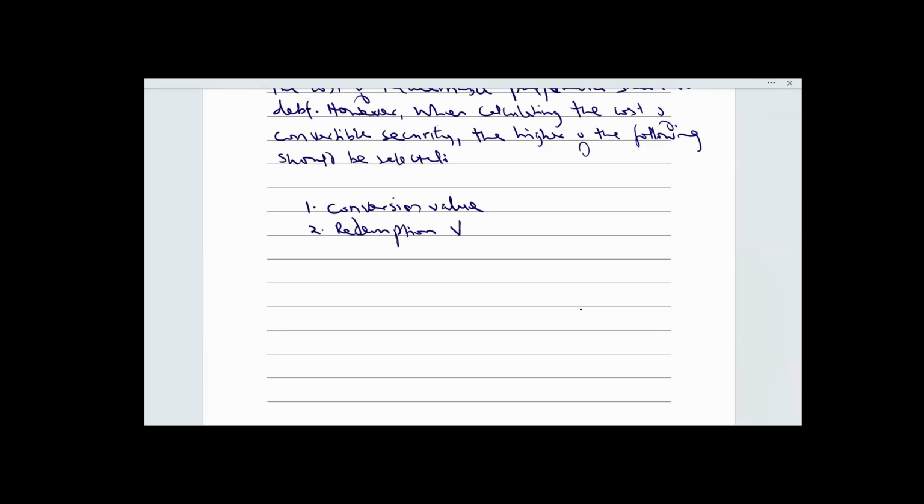If the conversion value is higher than the redemption value, it means that the security is profitable, so the investor will exercise their right. But if the reverse is the case, it's not profitable. There's no motivation to convert. The investor will just allow the security to mature at the redemption date, and they will redeem the security. That's all.